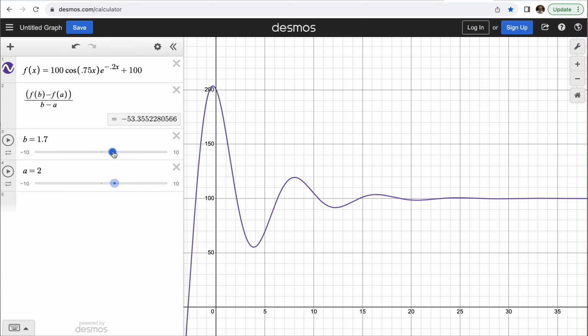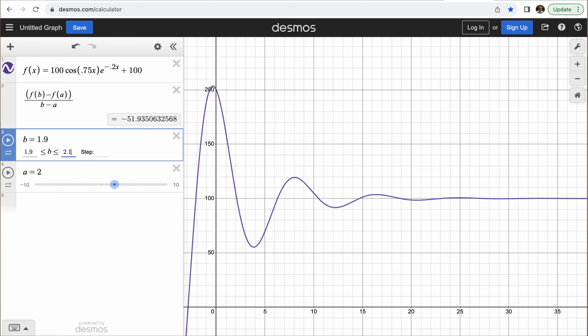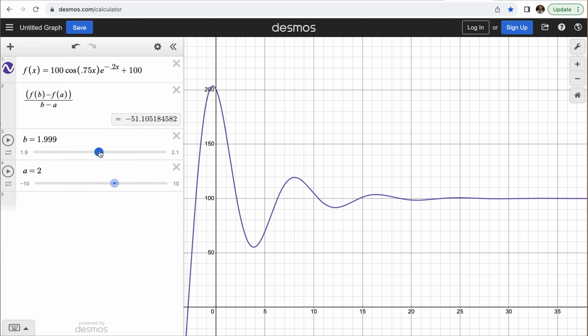Now I want to get it really close to 2, so I'm going to change my scaling here to be from 1.9 to 2.1, stepping by thousandths. If I press enter, I can now slide this and get really close to 2. At 2, it's undefined because I'd be dividing by 0, but if I go to 1.999, I get negative 51.105.